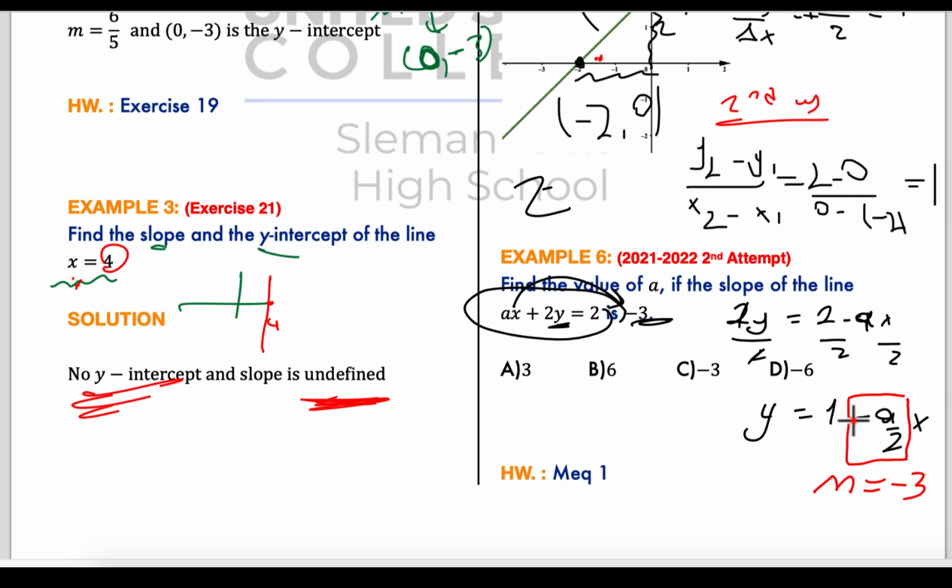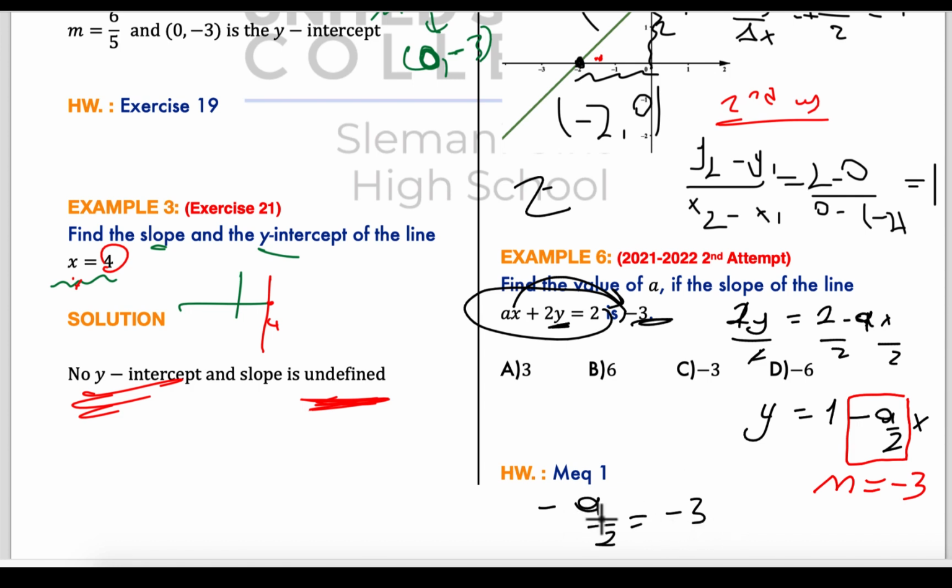By just equalizing negative a over 2, the coefficient of x, to the given slope, we will find the unknown. So let's equalize negative a over 2 to the given slope, negative 3. That's what we got in the equation as a slope. That's what's given in the question as a slope.